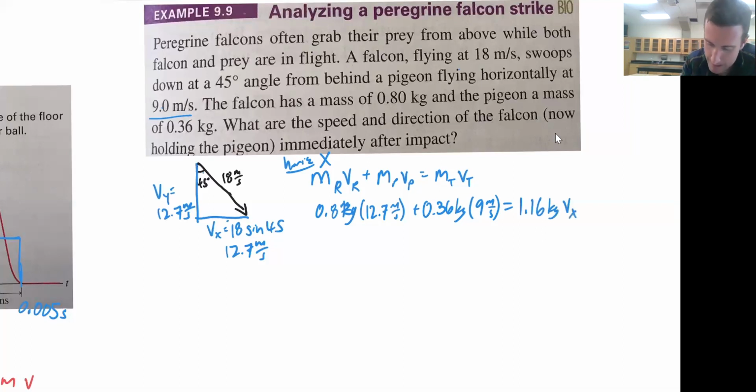Okay? So velocity x. I said t, but this is the x component now.